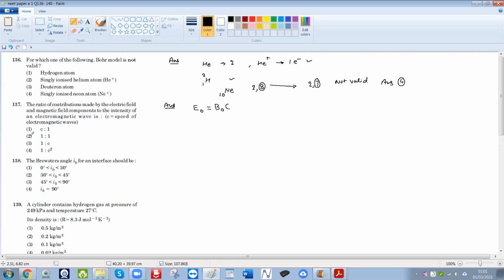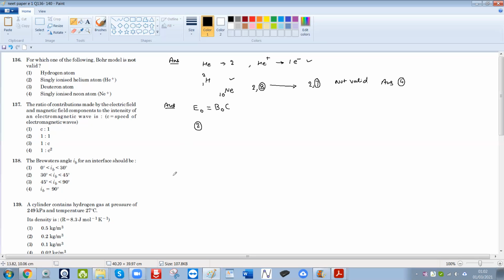So its answer should be second option, that is equal contribution of electric field and magnetic field components.